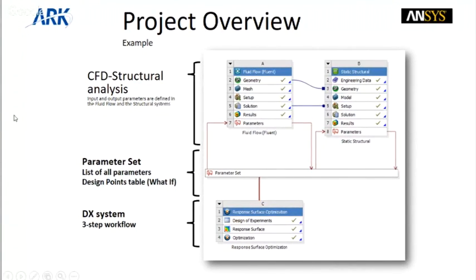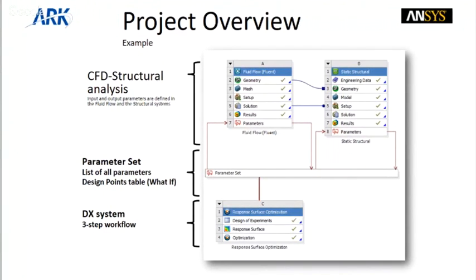This is what we were talking about: what-if analysis. After that, design exploration has a three-step workflow. First, we plot the response surface from the design of experiments, which we have discussed.